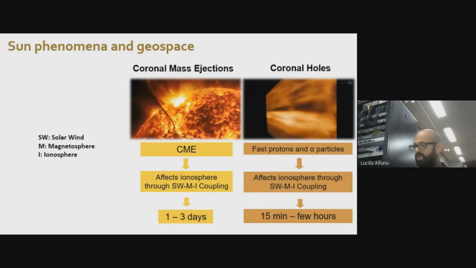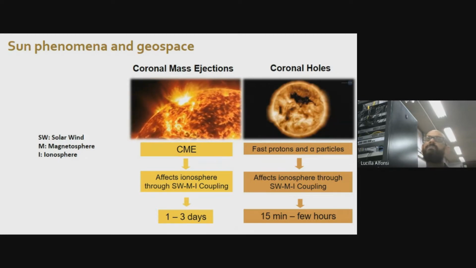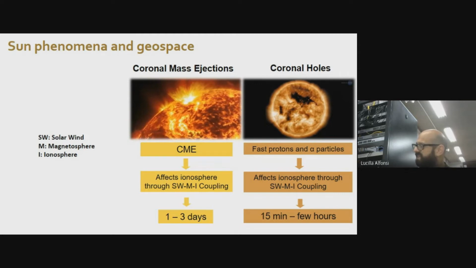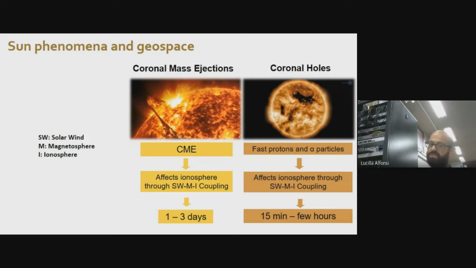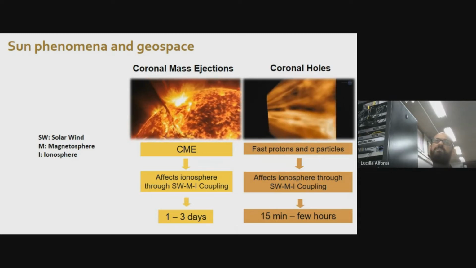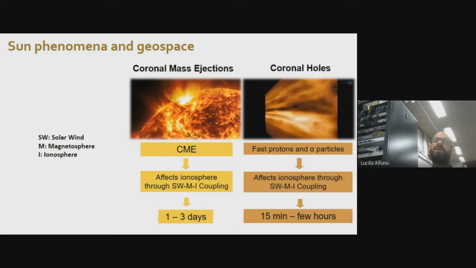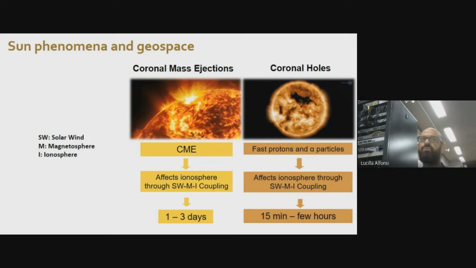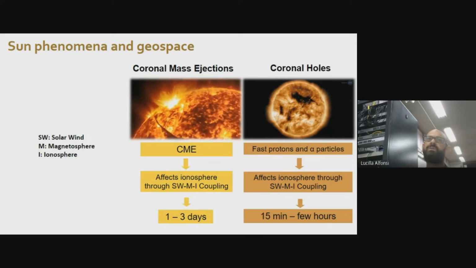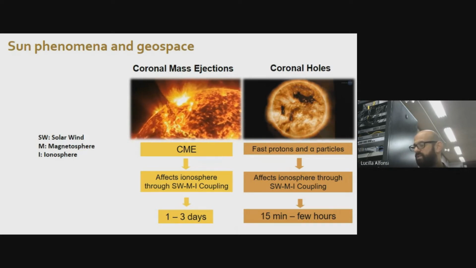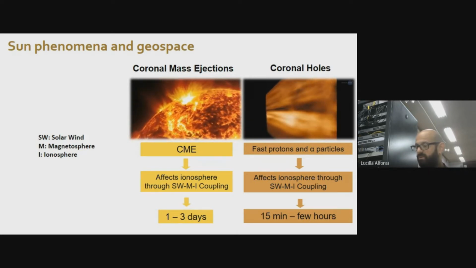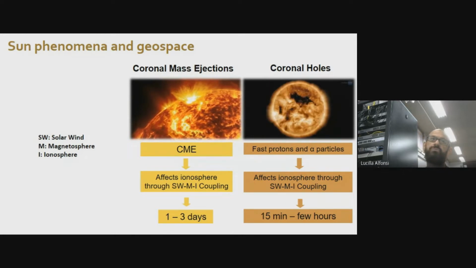And as Lucilla said, maybe the very first day, these particles can travel at a velocity from, let's say, 400 kilometers per second up to 1000 kilometers per second. So the time that the particles spend to reach the Earth, starting from the sun, is from 1 to 3 days.